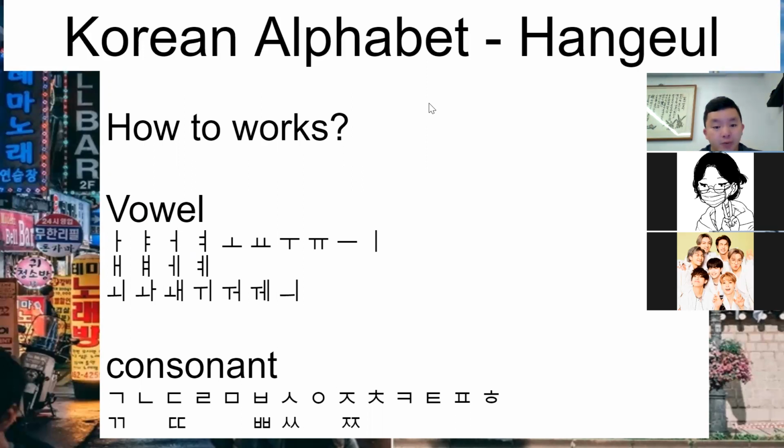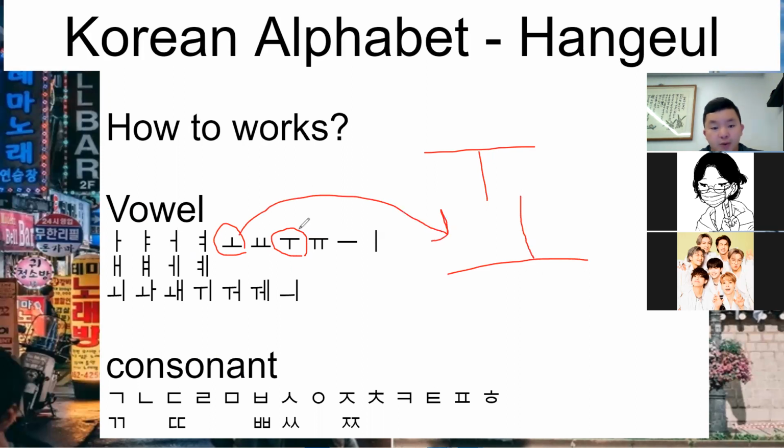Let's compare another one. What about this? This and this. One line, dots, one line, dots, like that. The second one was this one. The first one was this one. So where it's pointing is the important part. Where it points presents a completely different vowel.